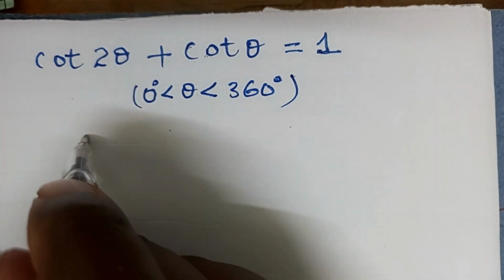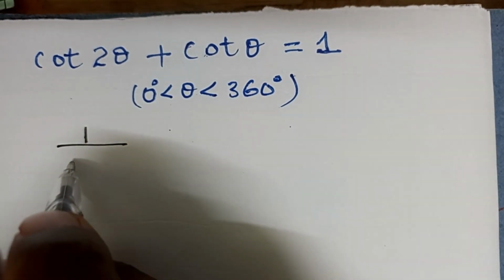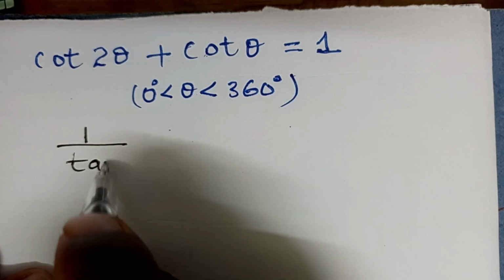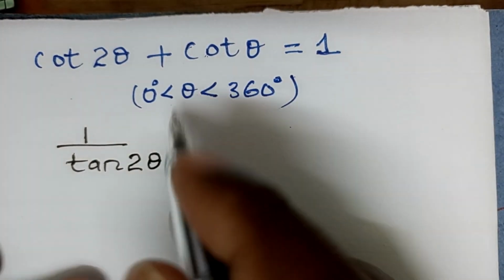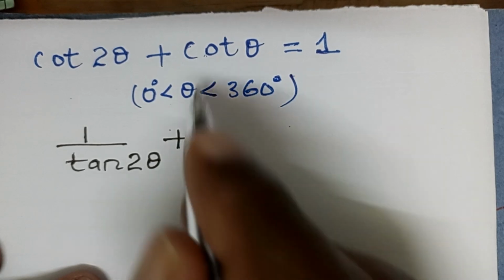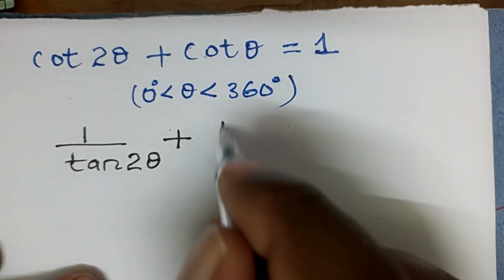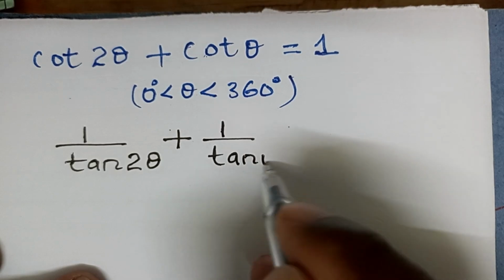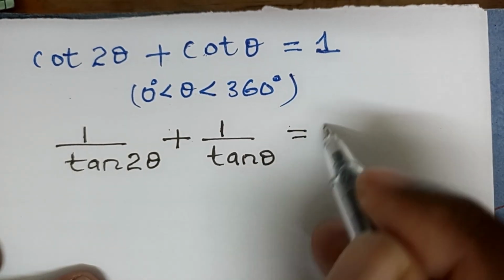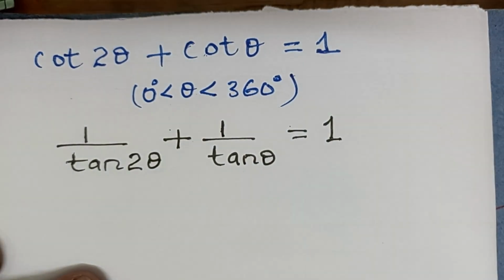Guys, I can start off writing cot 2 theta as 1 all over tan 2 theta, plus I can also write cot theta as 1 over tan theta. So this gives us 1.